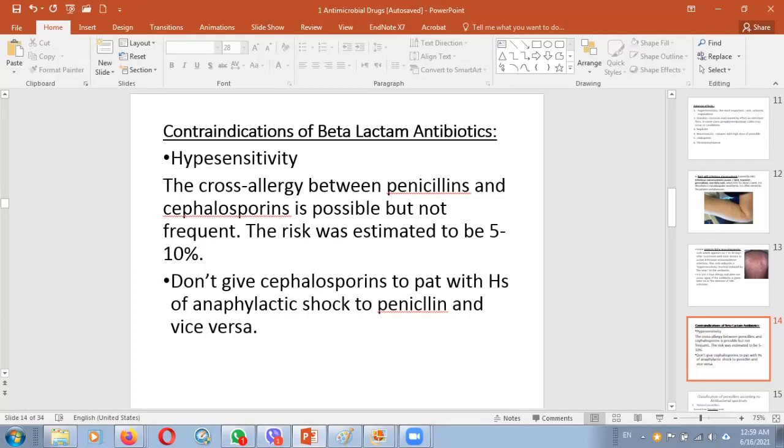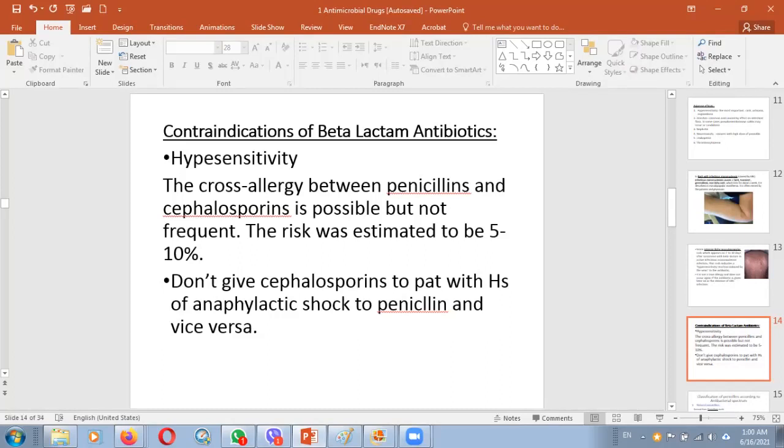Of course, this topic is very wide. Is the sensitivity specific or generalized for all beta-lactams? Is it specific only for amoxicillin or only for penicillin or ceftriaxone or cefotaxime, or is it generalized for all of them? Is it specific for penicillins or is it generalized to include even cephalosporins? There is something called cross allergy.